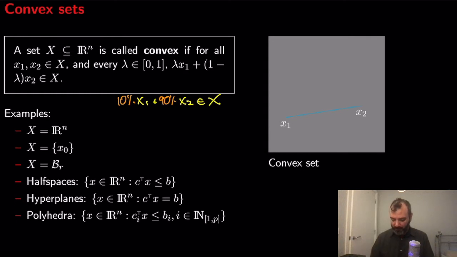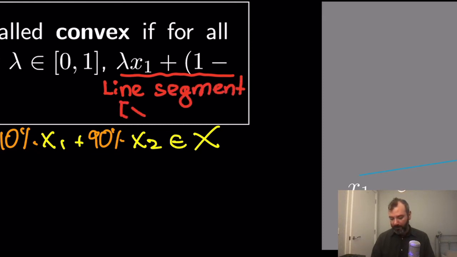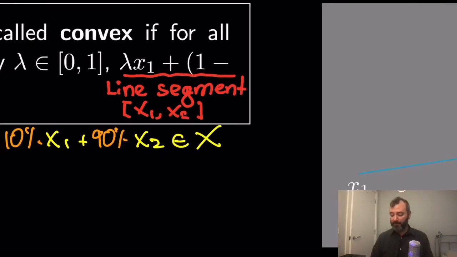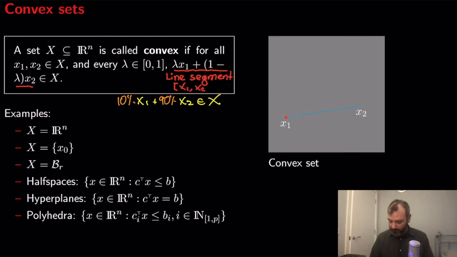So these points, the points lambda x1 plus 1 minus lambda x2, define what? The line segment that connects x1 and x2. You can think of it as an interval between x1 and x2, although x1 and x2 are really points in space. So this is x1, this is x2, and this light blue line is the interval between these two.